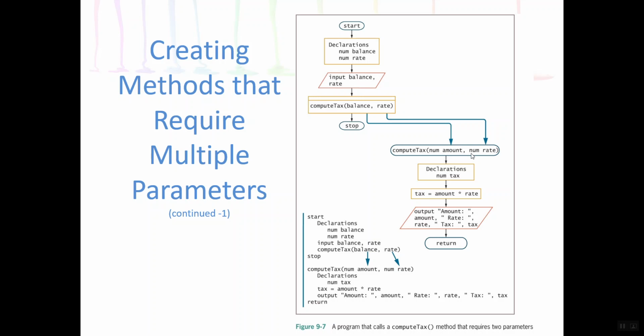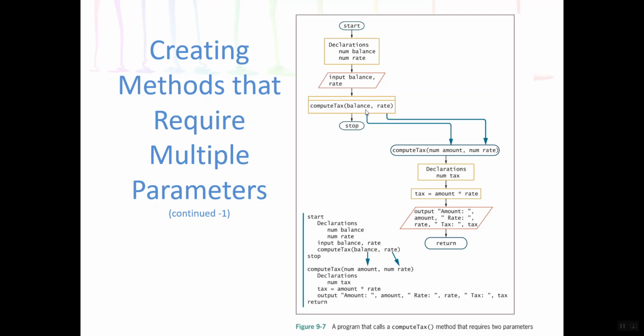Therefore the parameters over here, we must have two, and they both must be numbers, which they are. Notice the names of the parameters, amount and rate, don't exactly match up to the argument names, balance and rate. One matched, one didn't. Again, it doesn't matter because the values are passed positionally.